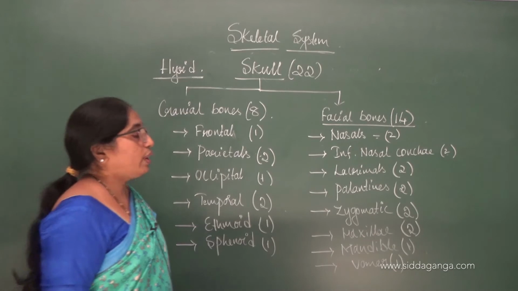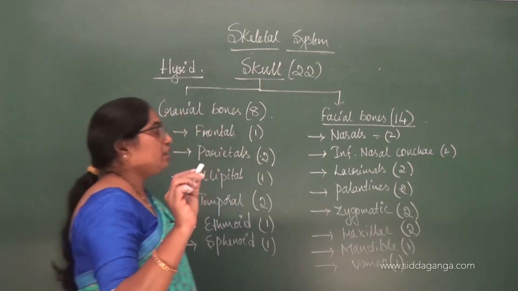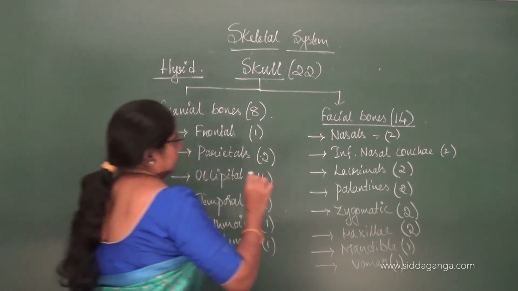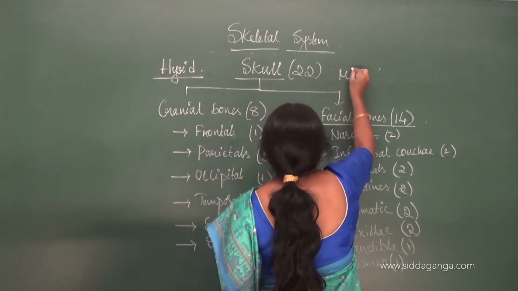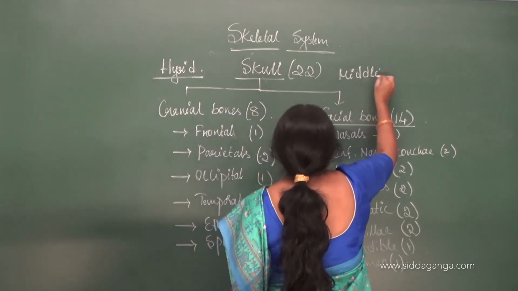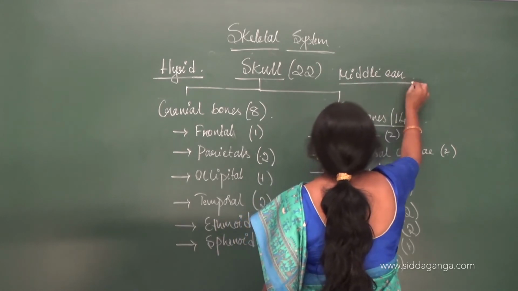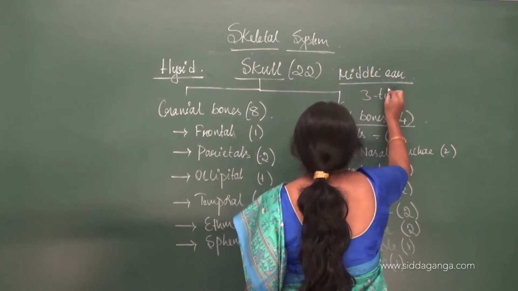Along with this, we have 3 tiny bones in the middle ear. So the middle ear comprises 3 tiny bones.